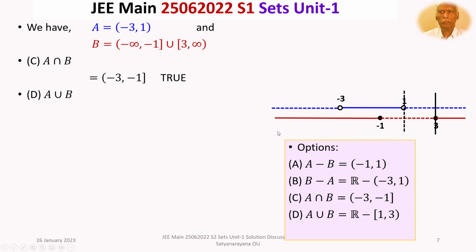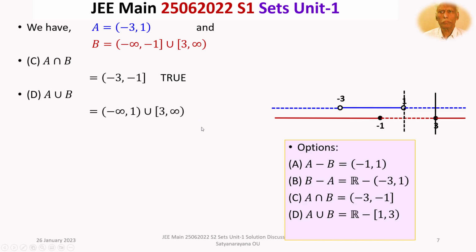So what is included here? It is minus infinity to 1 open interval. Why 1 open? Because here it is open. So we take this one. Here it is included, 3 to infinity.